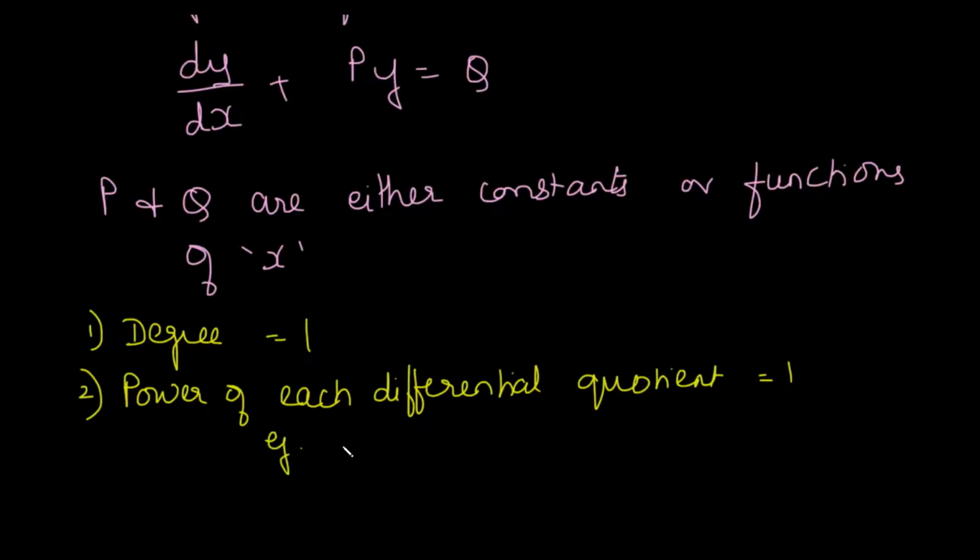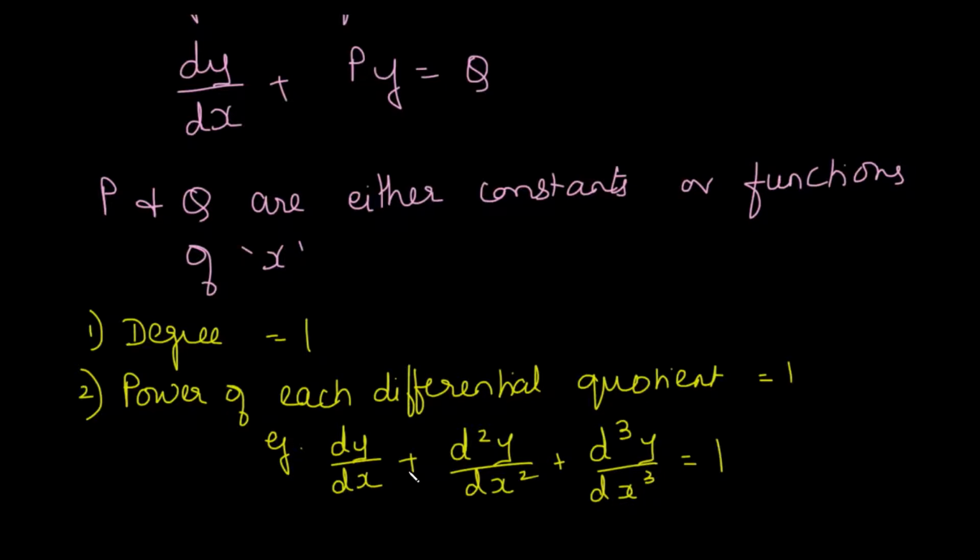For example, if we have a linear differential equation such as dy by dx plus d2y by dx2 plus d3y by dx cube, etc. Then as you can see, dy by dx, d2y by dx2, d3y by dx cube are all called differential quotients. The power of each of these differential quotients is going to be 1 for a linear differential equation. However, we are not going to think about this part because we are only going to deal with this type of equations.